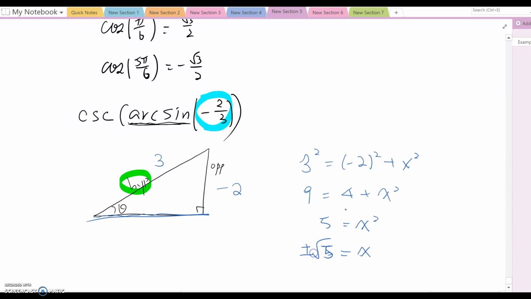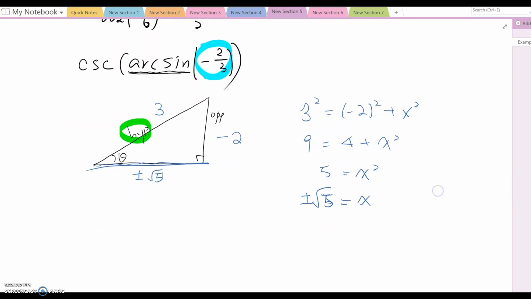Of course, it can be plus and minus though, because it is based on the quadrant, right? So I can rewrite this as plus and minus root of 5. It can be in both directions. Don't forget plus and minus in this case for the direction here. But this time we are finding cosecant. So cosecant means hypotenuse over opposite, so the answer becomes 3 over negative 2.